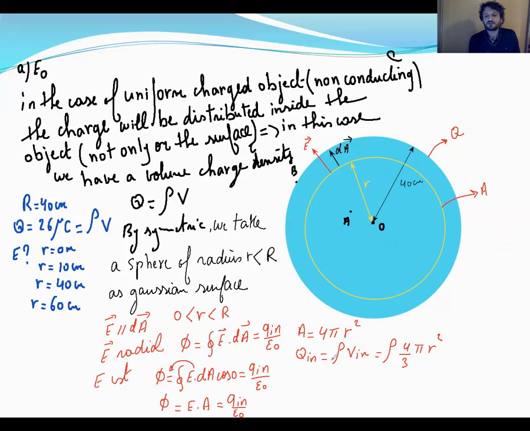We substitute the value of A and Q in the general formula of phi.